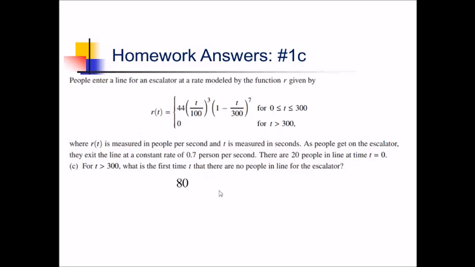So we're doing minus 0.7, and I just have to multiply this by how many seconds have elapsed since we hit 300. So I'm going to write negative 0.7 times t minus 300. So for example, if I'm at the 303rd second, I'm really just multiplying this 0.7 by 3, and that's the number of people who have gotten off the escalator for those 3 seconds.